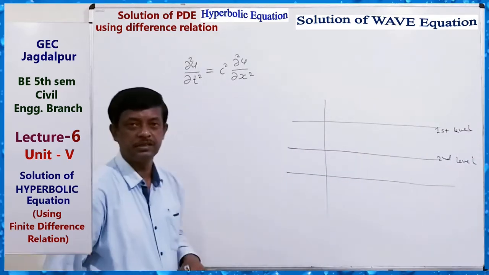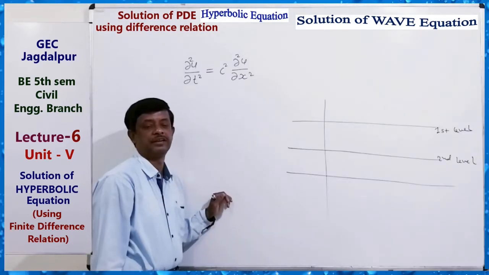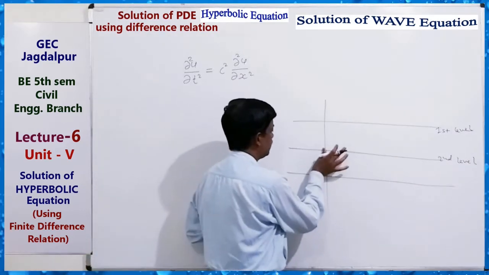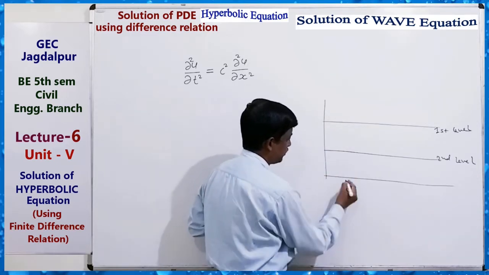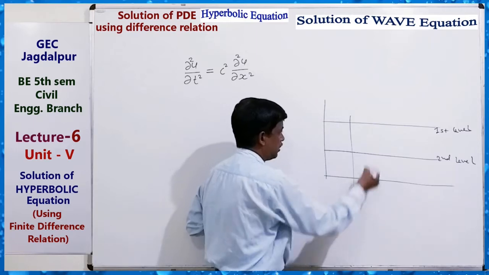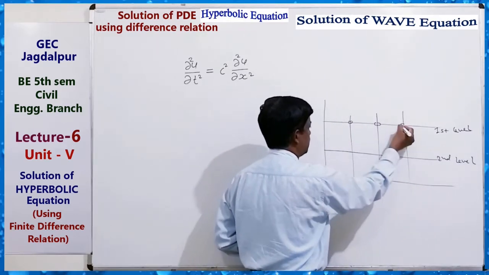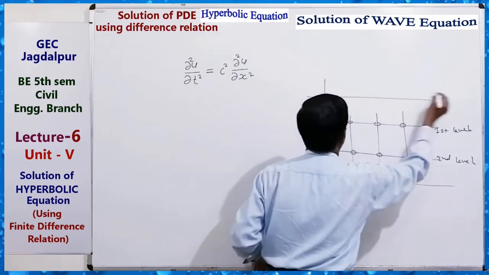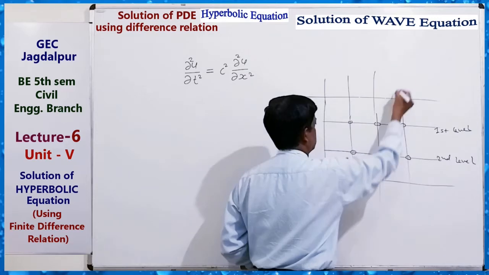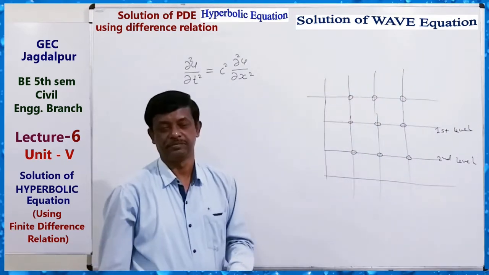Two levels means two initial conditions. You can draw it like this, and these are the mesh points.